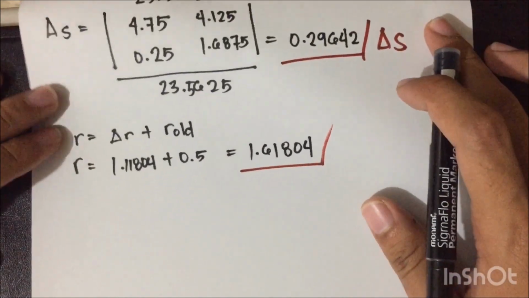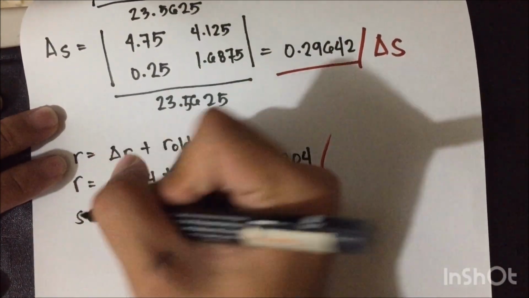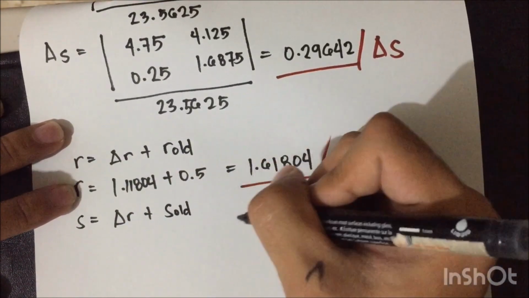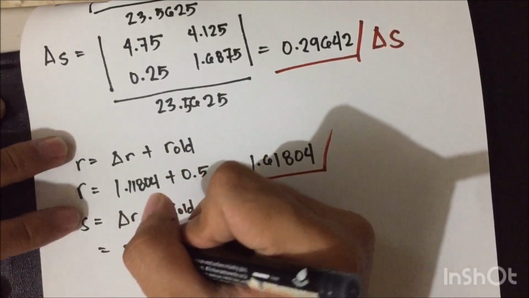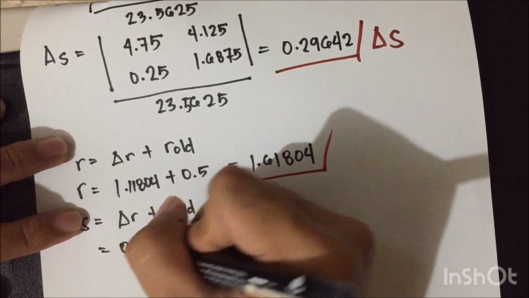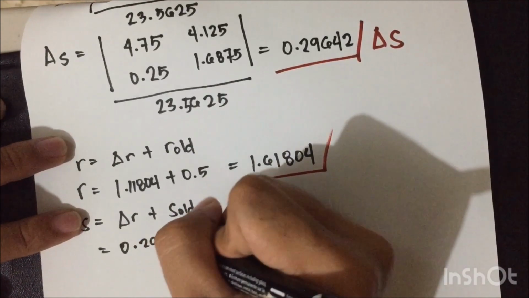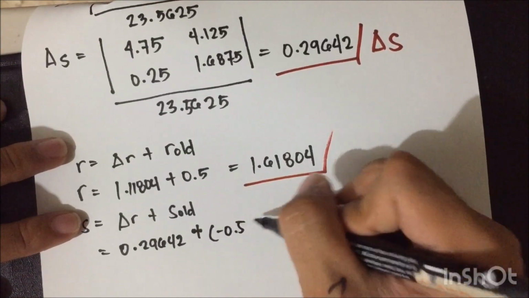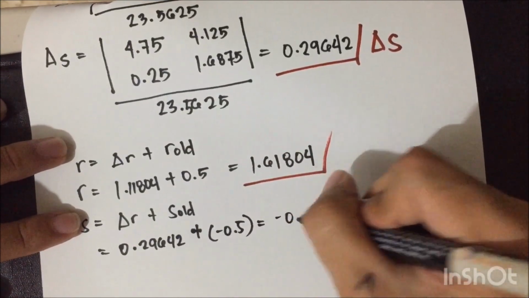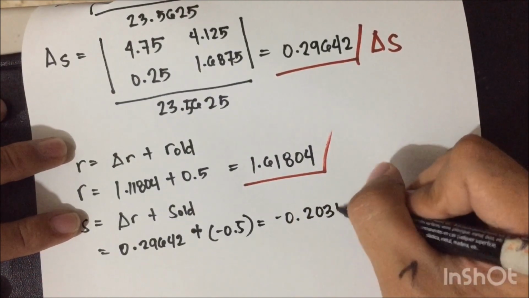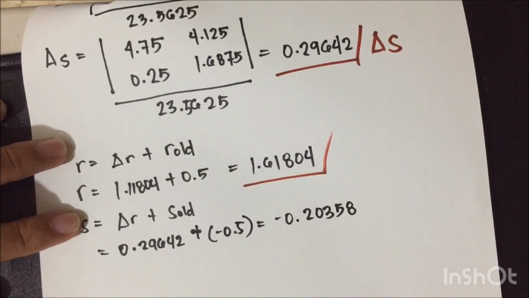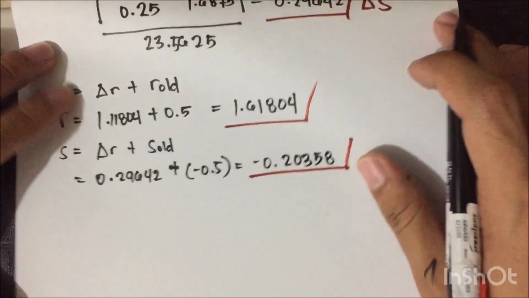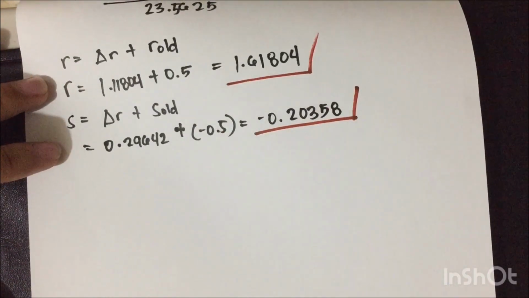Ganoon din para sa pagkuha ng bagong S, yung delta S plus lumang S natin, which is equal to 0.29642 plus negative 0.5, which is negative 0.20358. So, yung mga value natin dito guys is naka-fix siya sa 5 decimal values. Okay.